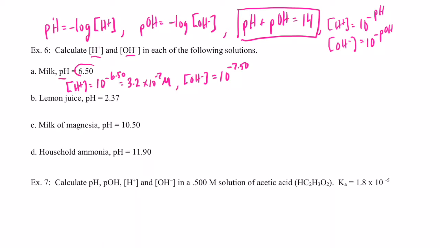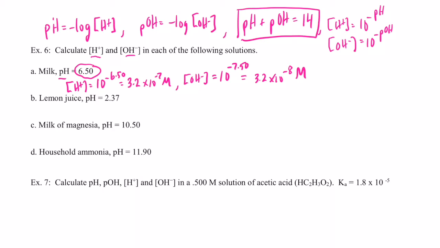If my pH is 6.5, my pOH is 7.5. So the hydroxide concentration would be 10 to the negative 7.50. So 10 caret key negative 7.50 gives me 3.2 times 10 to the negative 8th moles per liter of hydroxide ions.